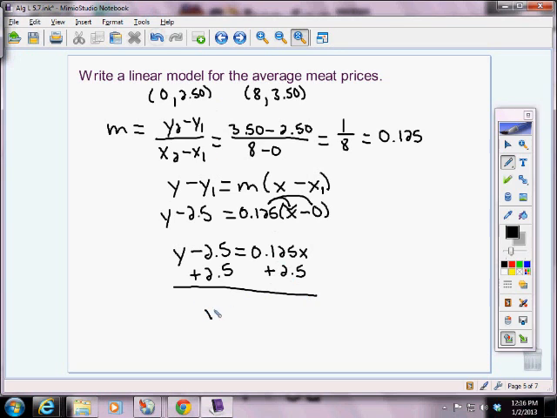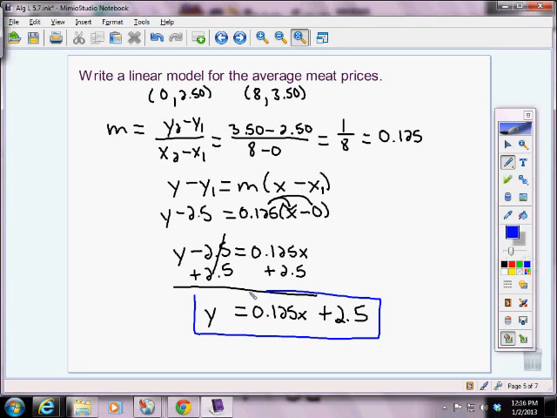We end up with y equals 0.125 times x plus 2.5. The reason I wanted to put the model in this form is because now if I want to put in a year after 1991 for x, I can quickly find out what I expect the price to be.